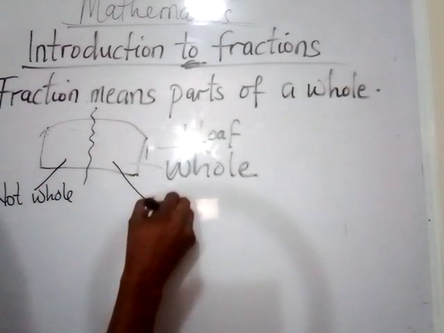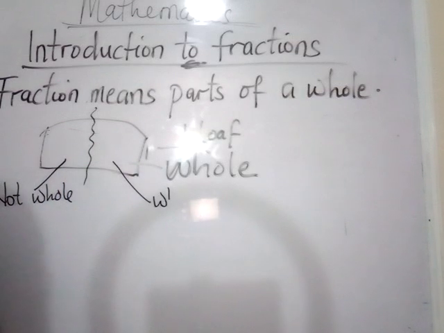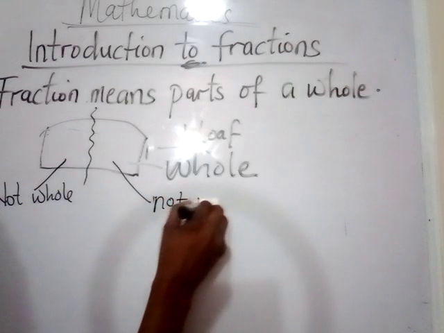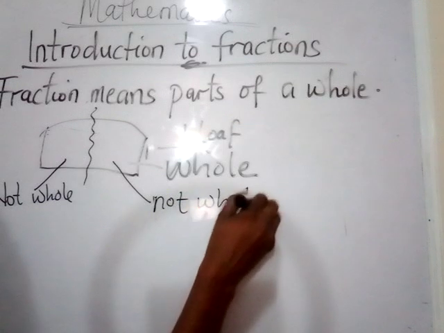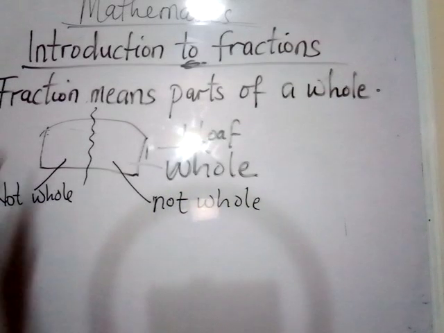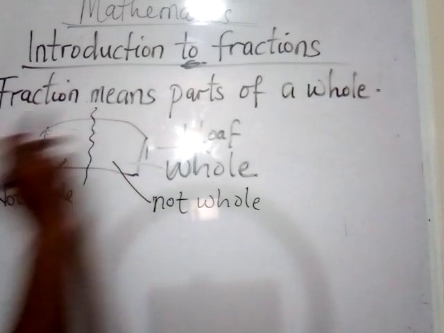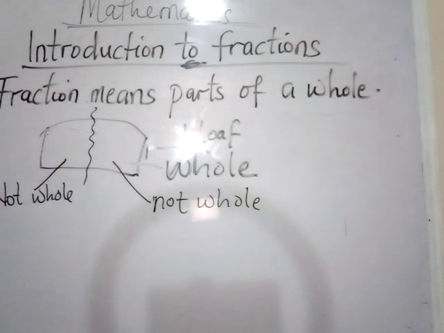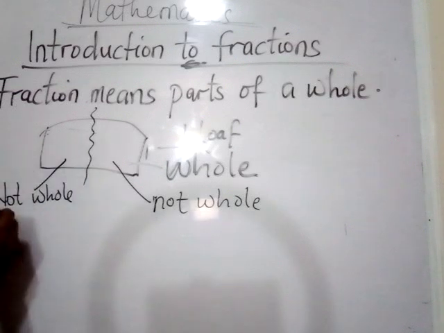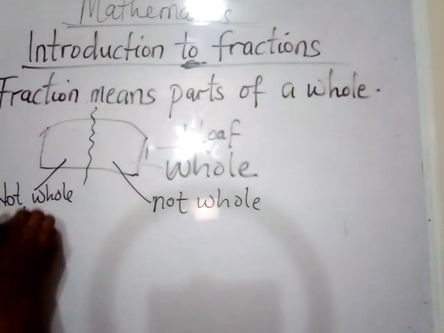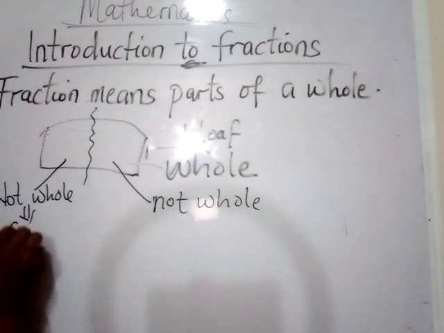And this part too is not whole. No part is whole anymore, because this is part of the full bread, and this other side is also part of the full bread. So this that is not a whole, that is a part of this full bread, is known as a fraction.